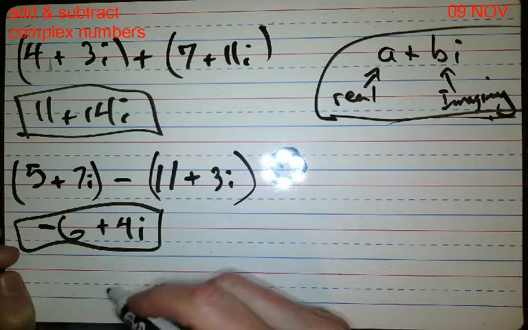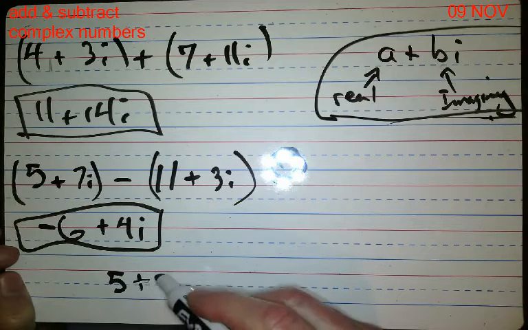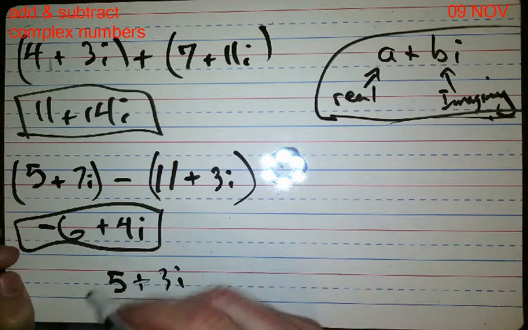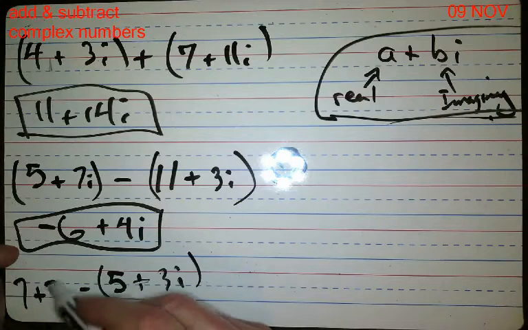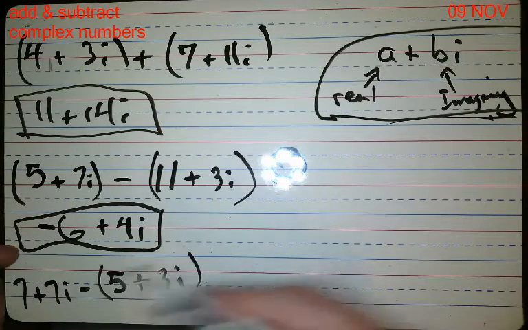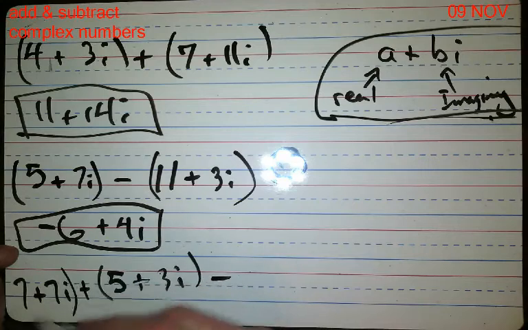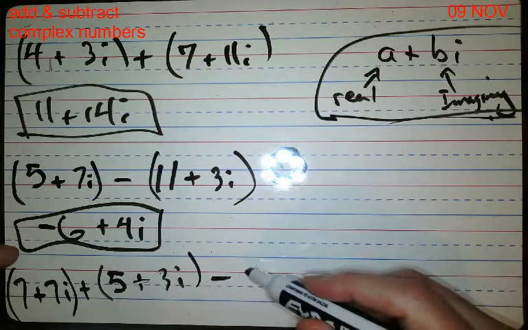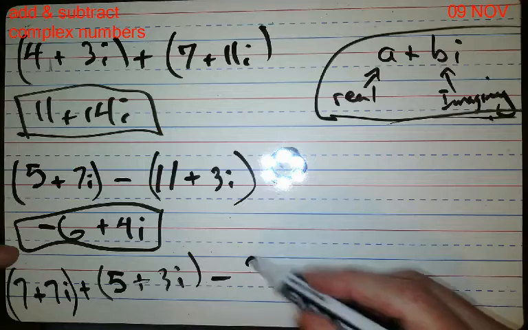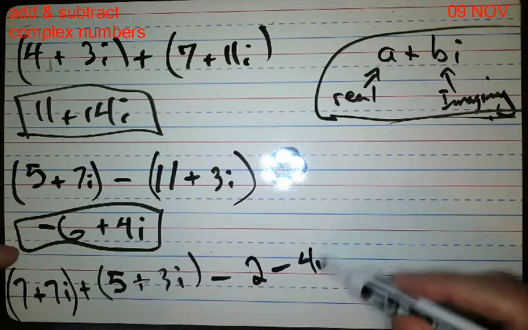So how about we do 5 plus 3i, that'll be one of them. And 7 plus 7i, that'll be one of them. And we'll do plus on that guy. And then we'll do minus on this guy. Oh, what could it be? 2 minus 4i.